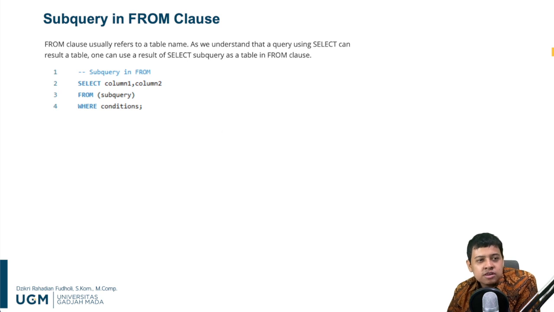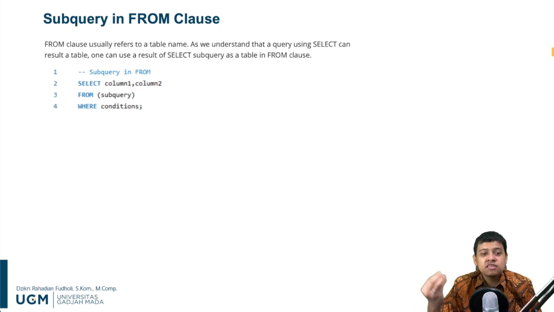Now we have subquery in the FROM clause. The FROM clause usually refers to a table name. As we can understand, a query using SELECT results in a table. So the output of that SELECT is a table. Therefore, we can use this as the FROM clause.